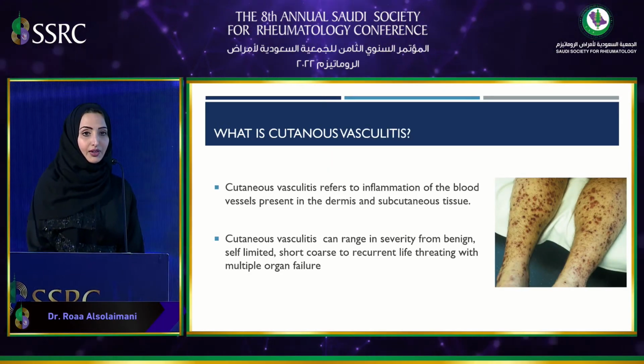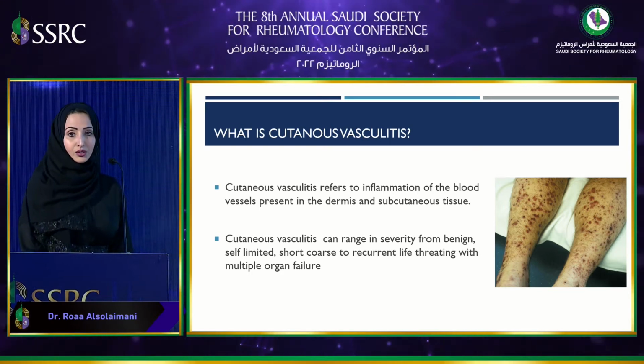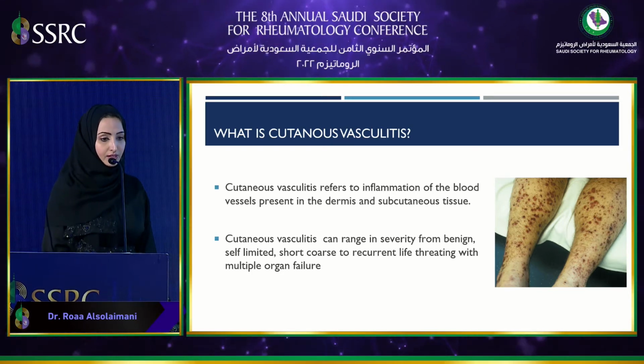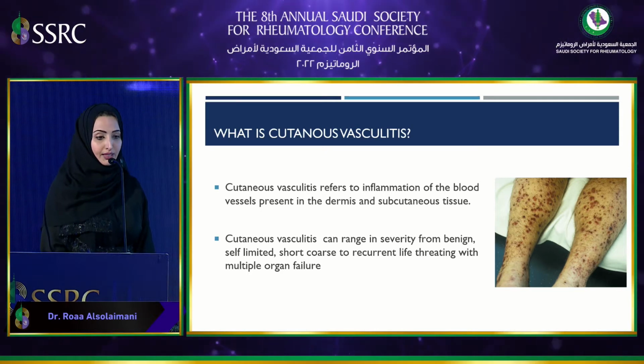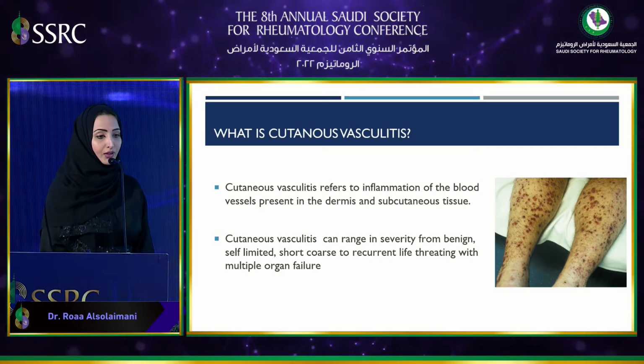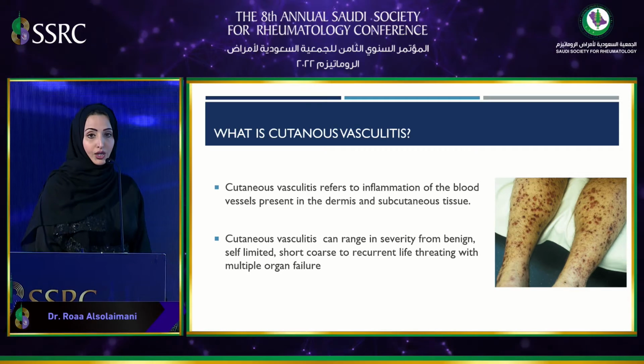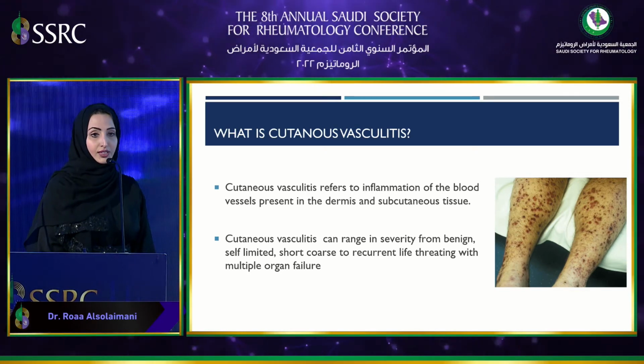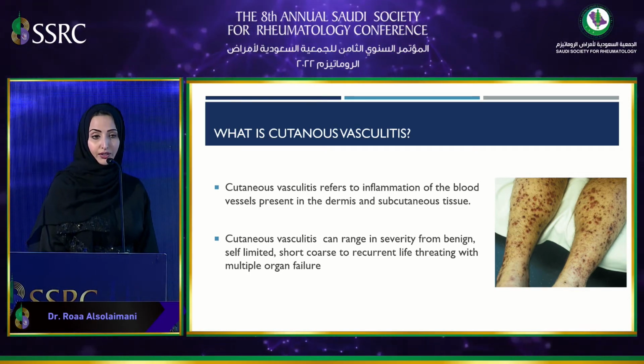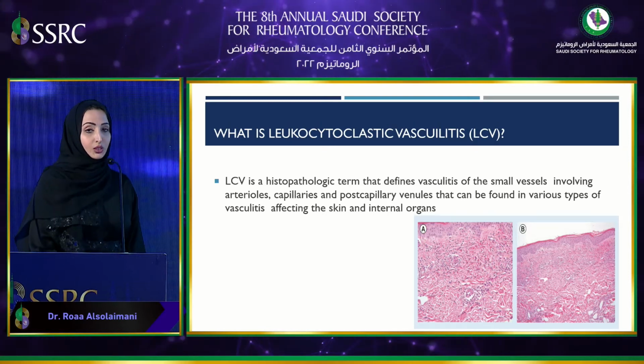So what is cutaneous vasculitis? Cutaneous vasculitis refers to inflammation of the blood vessels present in the dermis and subcutaneous tissue. It can range from a very benign, self-limiting disease to a recurrent severe disease with life-threatening organ failure. What is leukocytoclastic vasculitis?